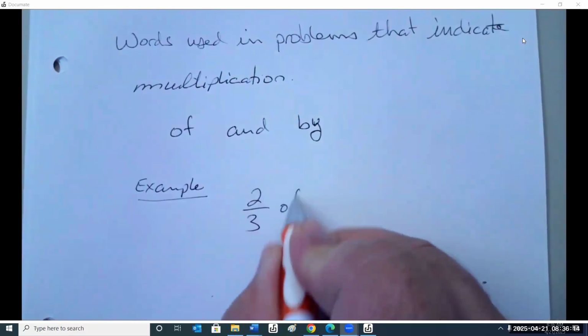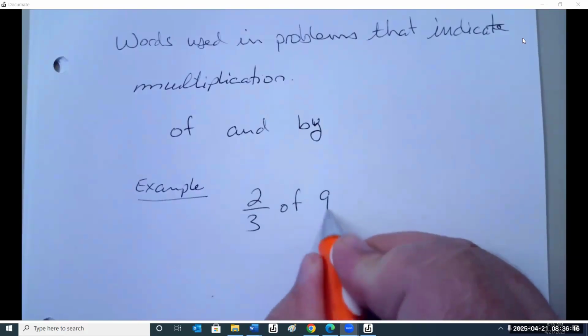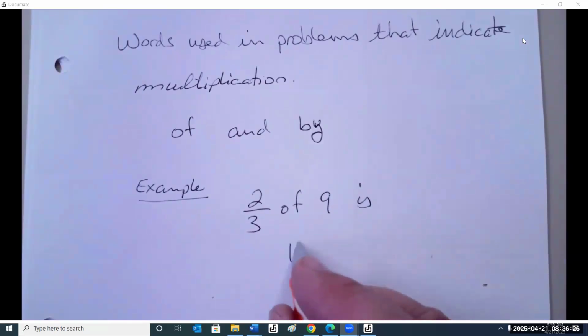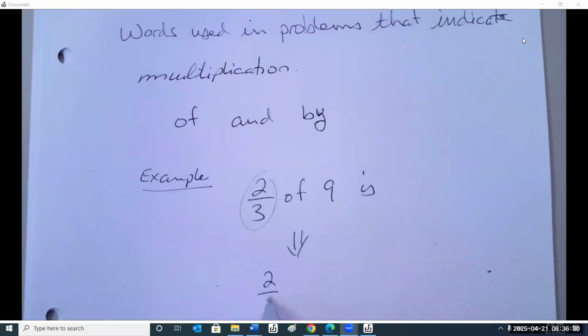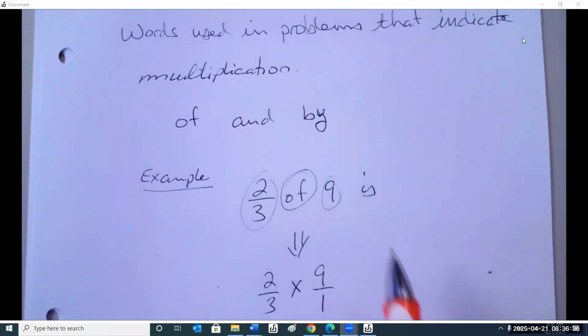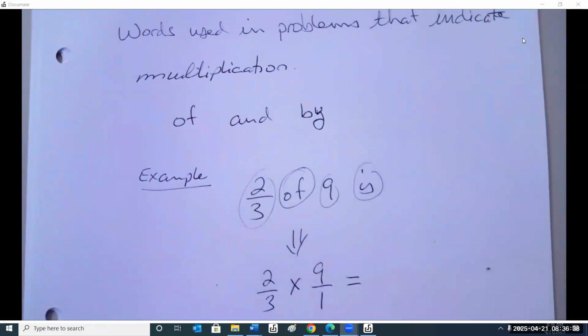2/3 of 9 is. So we have 2/3. This means multiply. 9/1 is.